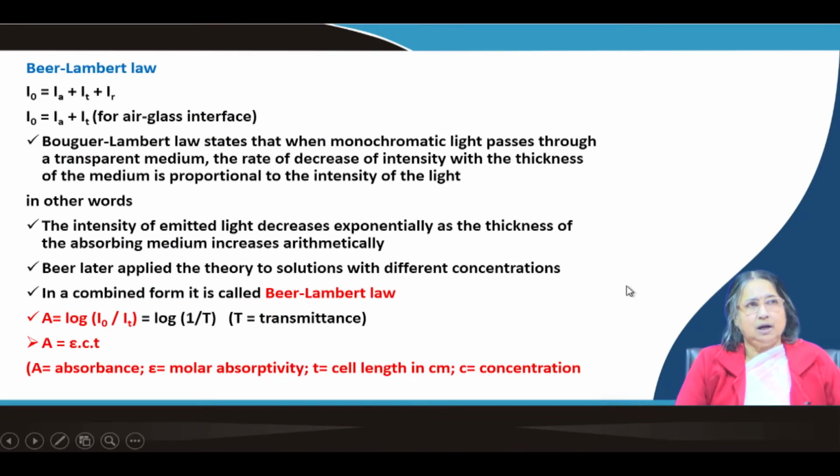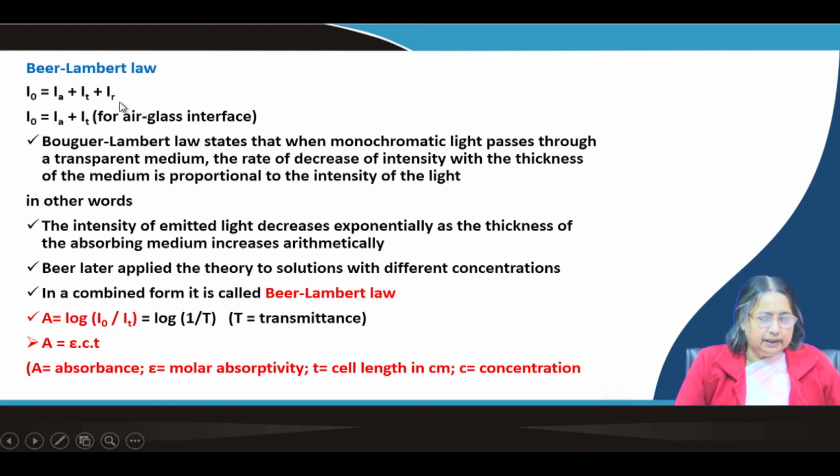Now, the principle of this measurement in a spectrophotometer is governed by the Lambert-Beer law, a combination of Lambert's law and Beer's law. When light passes through a medium, three things can happen: absorption, transmission, and reflection. If I0 is the initial intensity, you can neglect the reflection part if you think about a very good air-glass interface, because it is below 5%.